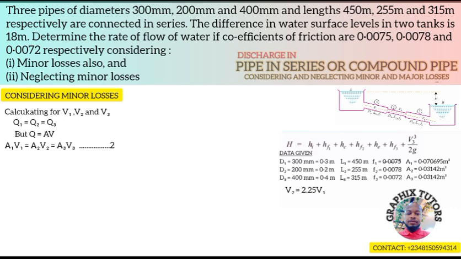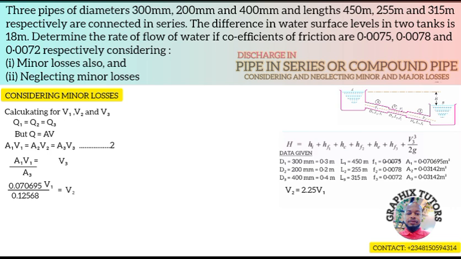Similarly, A1 V1 is equal to A3 V3. Now remember, everything should be in terms of V1. If you divide both sides by A3, my V3 will be equal to A1 V1 all over A3. So what is my A1? 0.070695 multiplied by V1, all divided by 0.12568, which is the area at pipe 3.